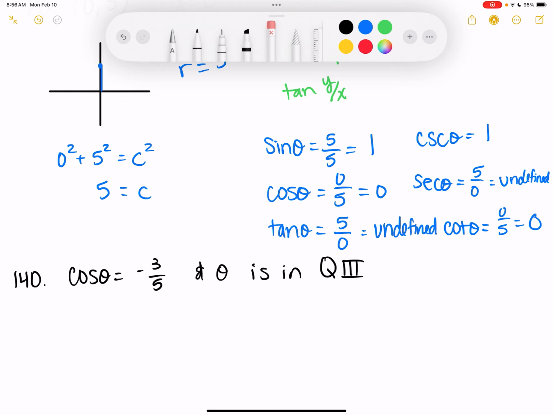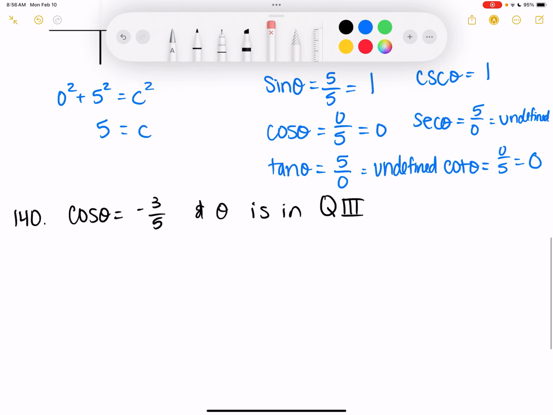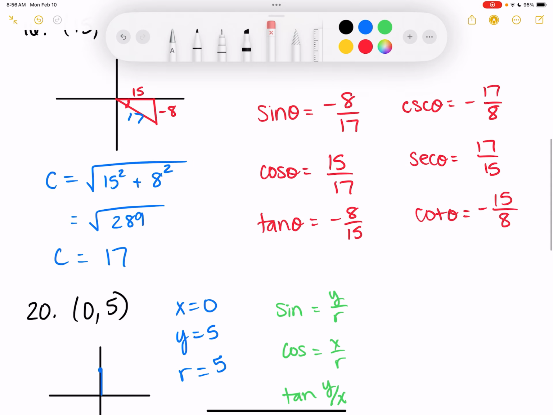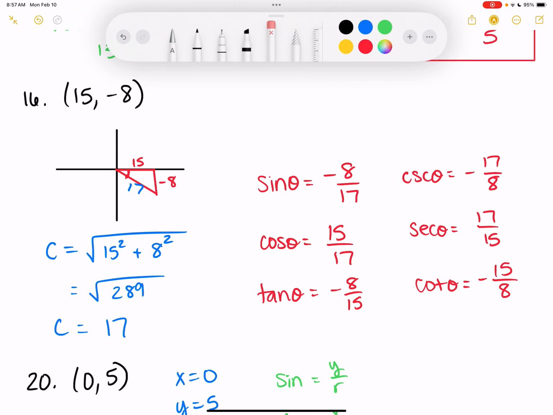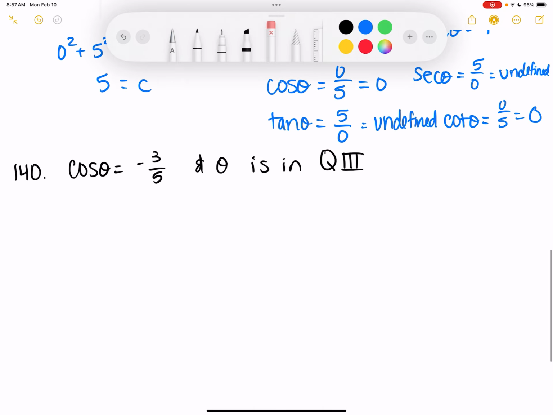But with cosine, it's adjacent over hypotenuse. Hypotenuse always, always, always has to be positive. So in this case, I know, but quadrant 3 is still telling me where to draw it. So in the other ones, they gave us a point, like this one was in quadrant 4. And so that was positive, negative, and so it's just a different way to give us the same information, basically.